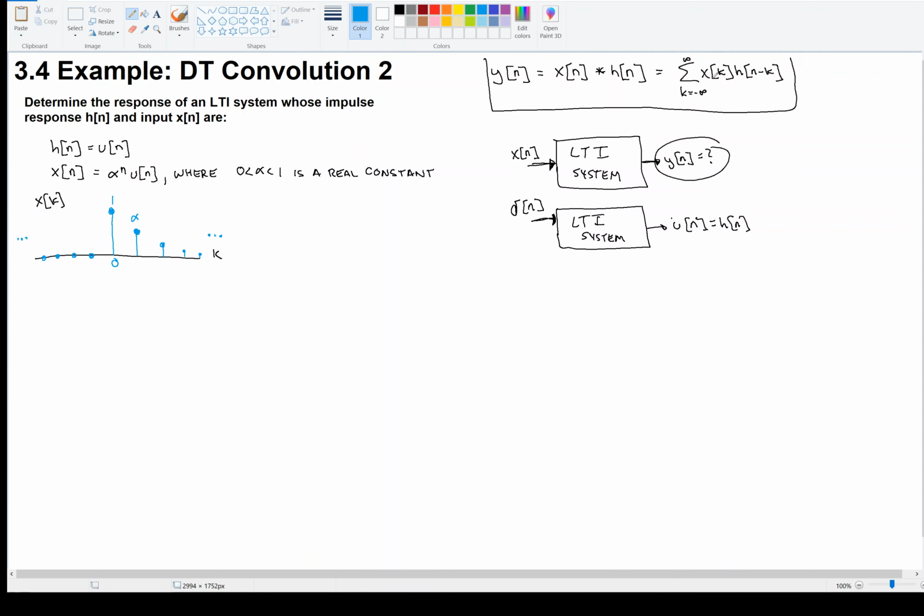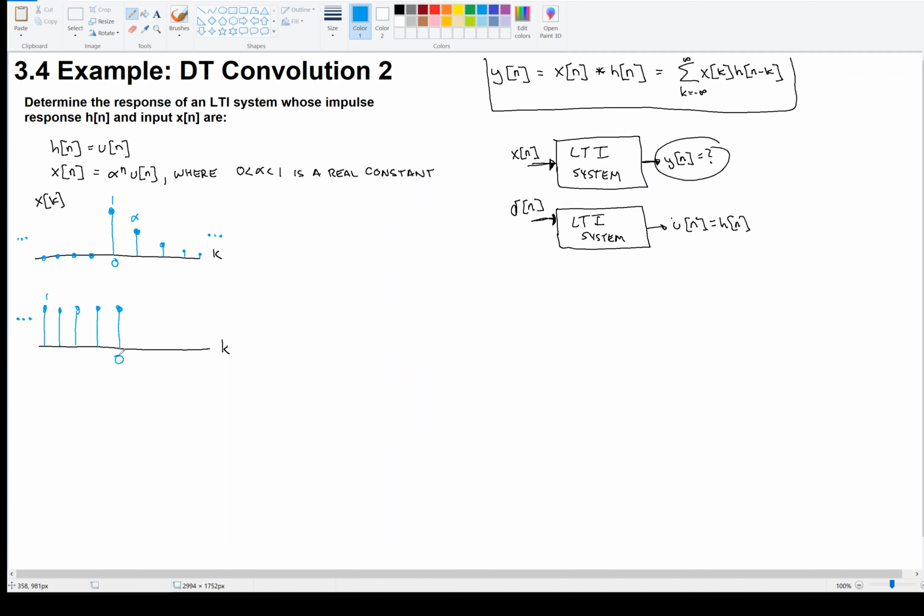Now also in the convolution sum, I see that the h's appear with minus k. So what I'm going to do is replace the n's with k's in the h definition, and then I'm going to flip it. Okay, so now I've got a flipped unit step. I'm going to try to draw these right underneath the corresponding samples in x.